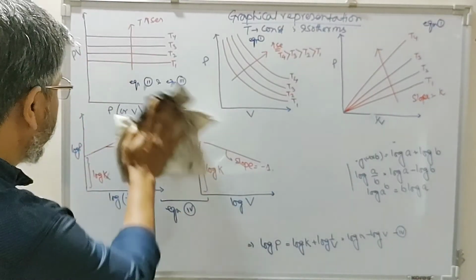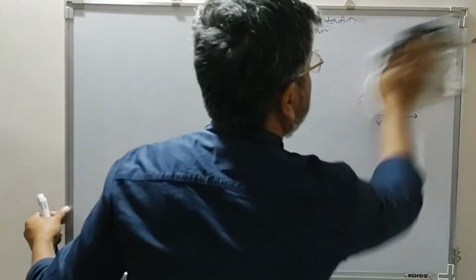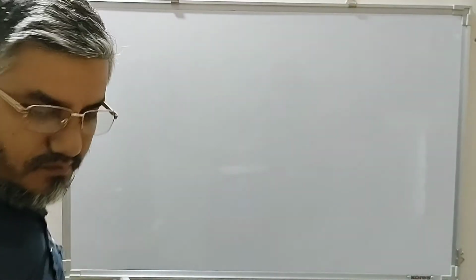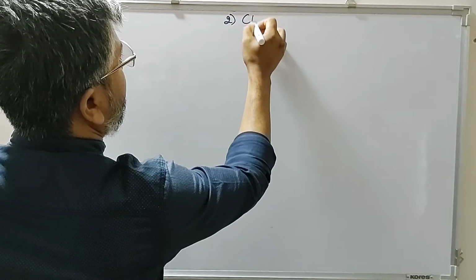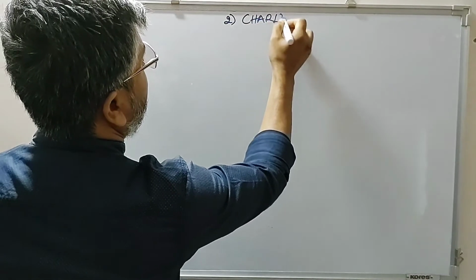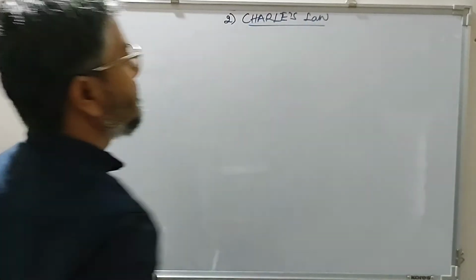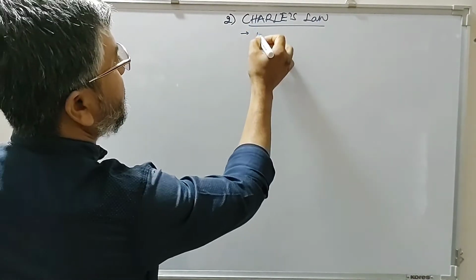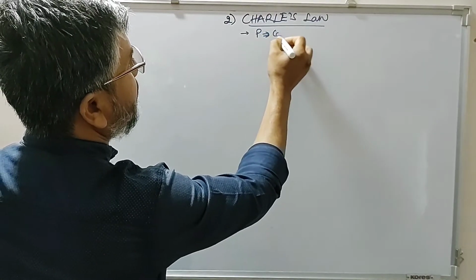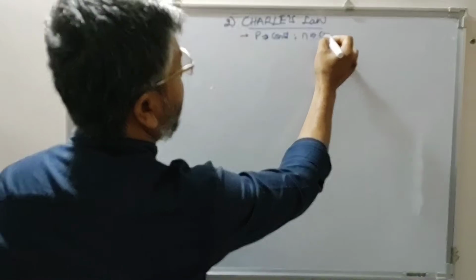Now coming to the next, that is Charles' law. For Charles' law, the condition is that the pressure of the gas has to remain constant and the amount or mass of gas should also remain constant.